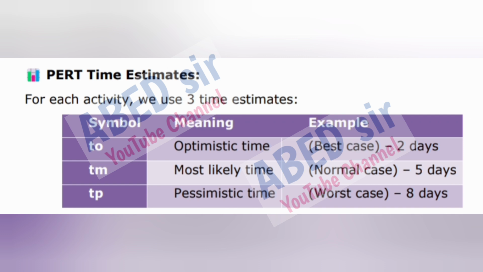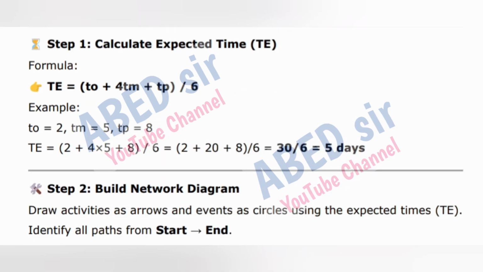PERT time estimates. For each activity, we use 3 time estimates. TO, optimistic time, best case, 2 days. TM, most likely time, normal case, 5 days. TP, pessimistic time, worst case, 8 days. Step 1.